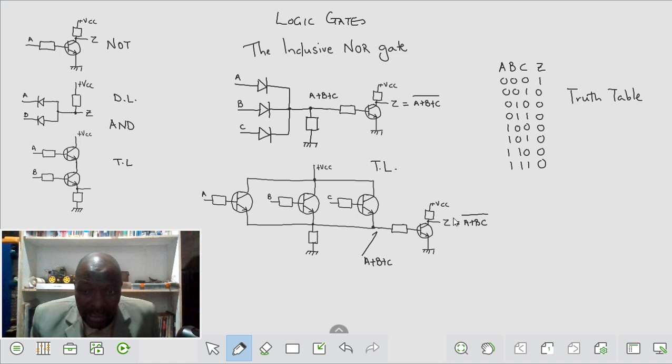What do we call this? We call this our Boolean equation. This is the Boolean equation for the inclusive NOR gate. So what do we have? We've got the circuit themselves, just a combination.